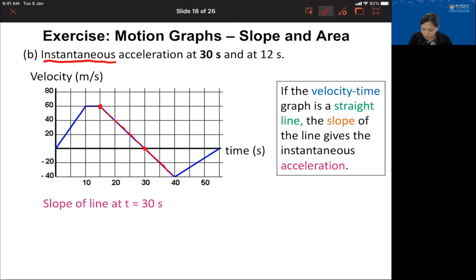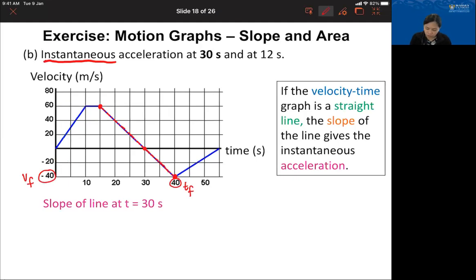I will again consider the two endpoints just because it's easier to read the values of the velocities and times at those two endpoints, right? This will be corresponding to your final time for this endpoint there, and you can read off the final velocity corresponding to that final time.